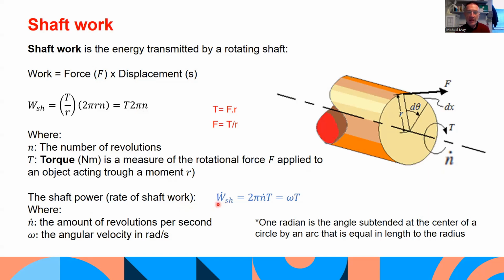So we have the power, W dot, and the SH to denote it's for the shaft. And it's 2 pi n dot T, where n dot is the number of revolutions per second. Now, there's another relationship in there: 2 pi n dot is actually the angular velocity in radians per second. So 1 radian, just to mention, is the angle subtended at the center of a circle by an arc that's equal in length to 1 radius.